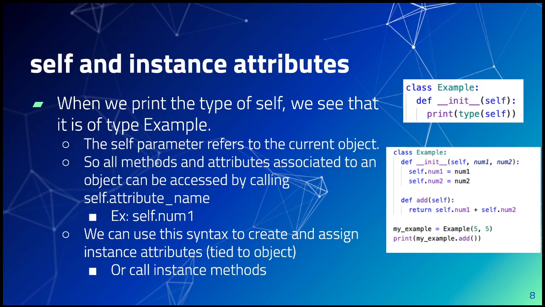It's not the class itself, it's an object of the class. So doing self.num1 will try to access the num1 variable associated with the self object. But since num1 doesn't exist at this point, Python will just create it. So basically, if it doesn't exist, Python will create it, which works with any other variable. But then you see, okay, I have a num1 here and a num1 here. How does Python know the difference?